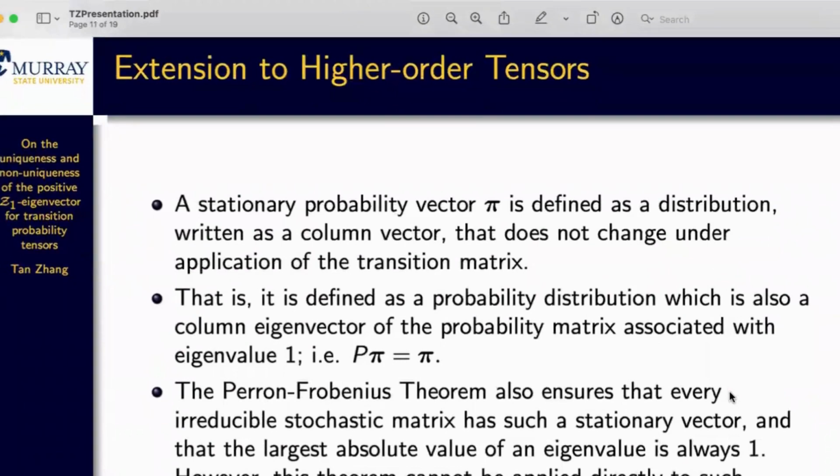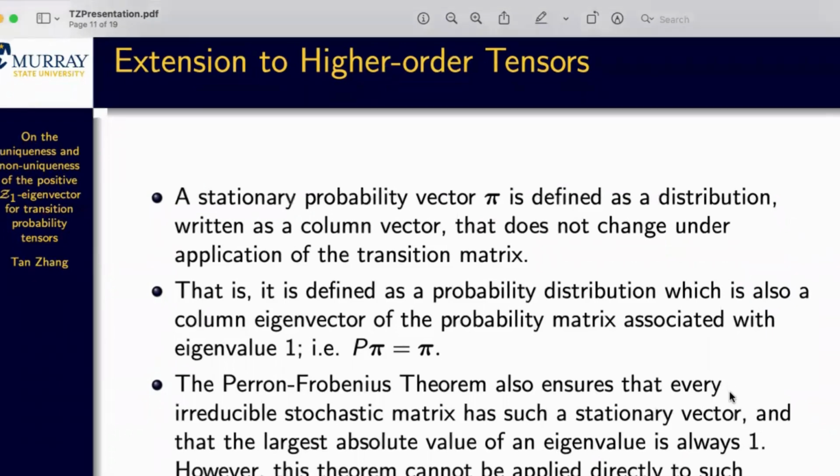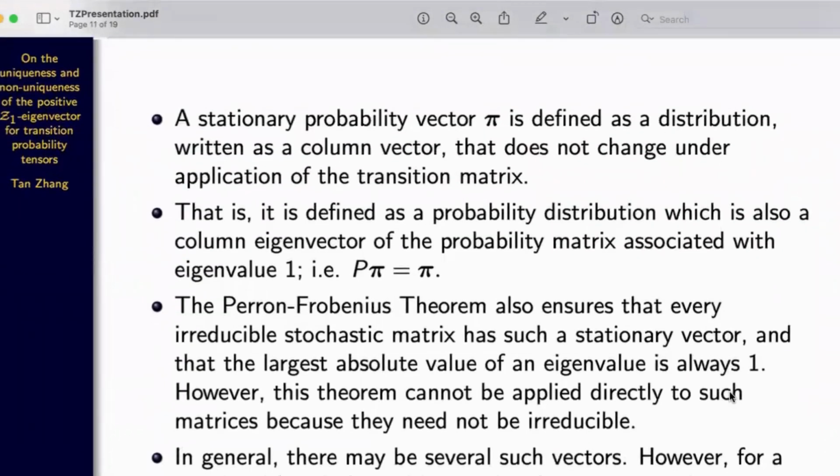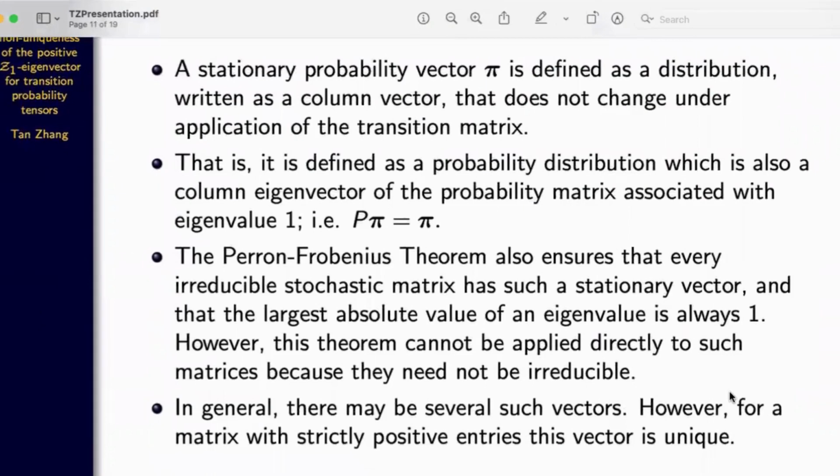A stationary probability vector is defined as a distribution that does not change under applications of the transition matrix. So in some respect, to find the stationary point is to find this fixed point of the transition matrix. The Perron-Frobenius theorem ensures that every irreducible stochastic matrix has such a stationary vector, and that the largest absolute value of all eigenvalues is always equal to 1.